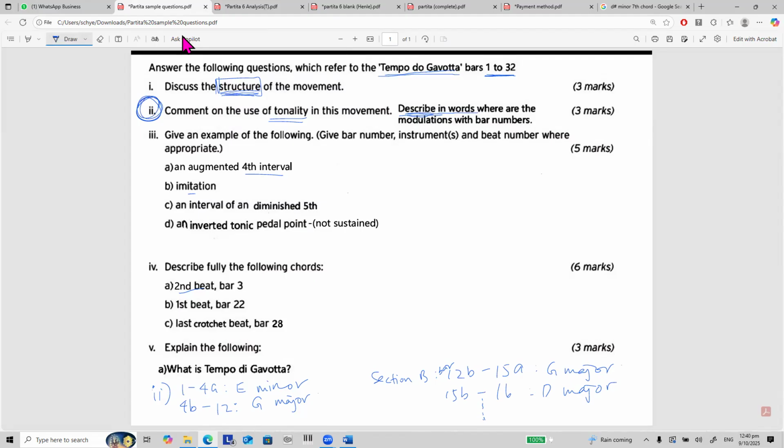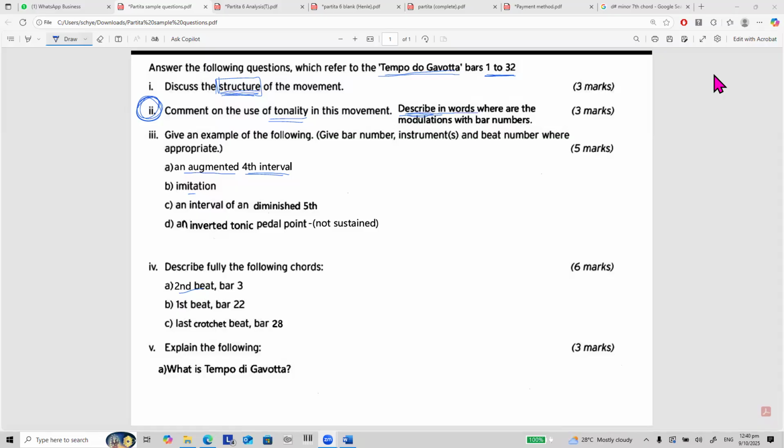Next, you need to look for an augmented fourth interval. The augmented fourth interval can be found in bar 1.